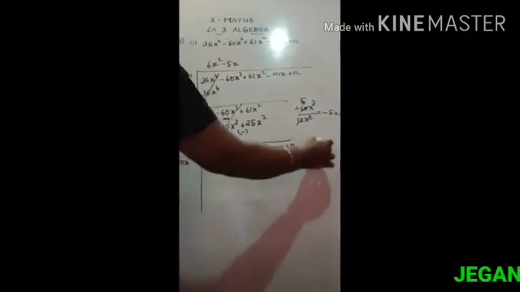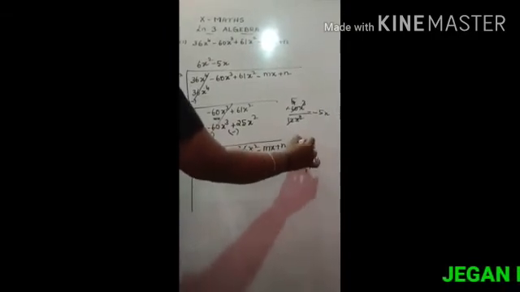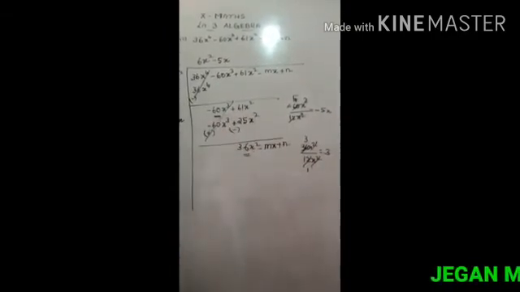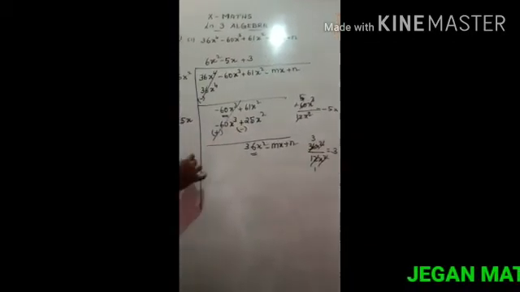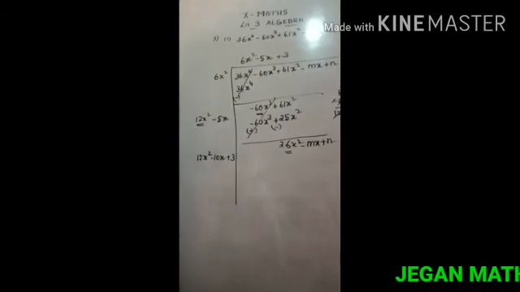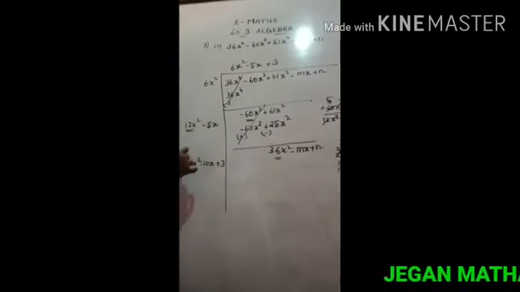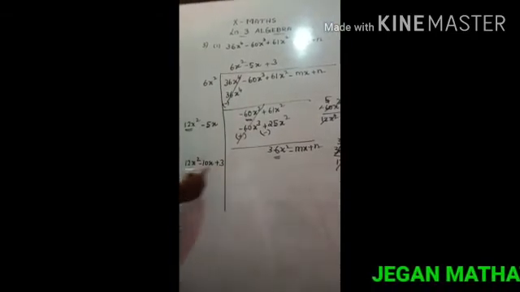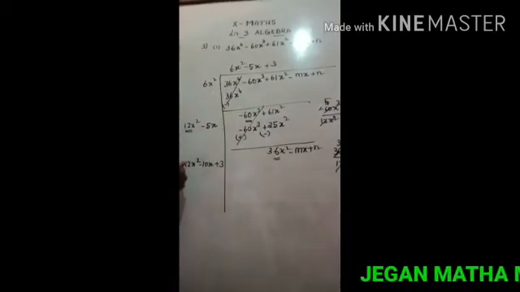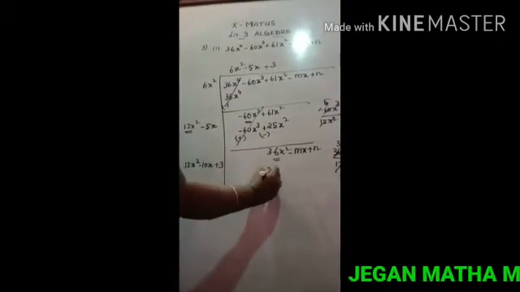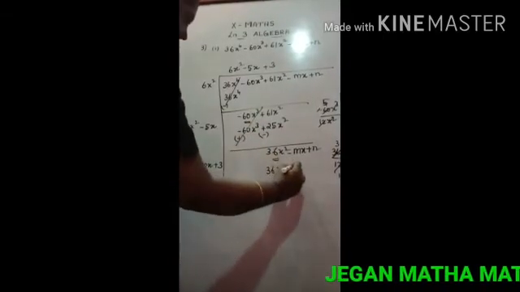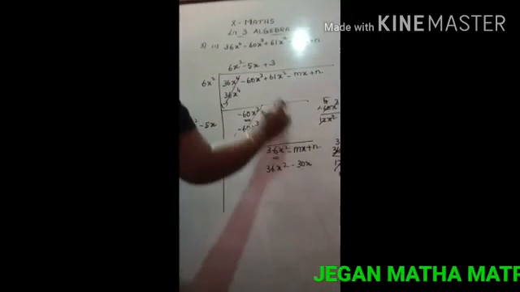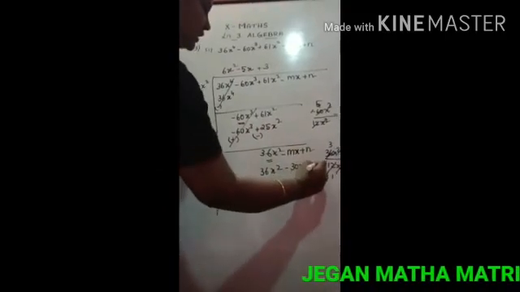X square cancels, 3 12s are 36. So we have 3. Add the 3 in the quotient and remainder. So 3 12s are 36x square, then 3 10s are minus 30x, plus 3 3s are 9.